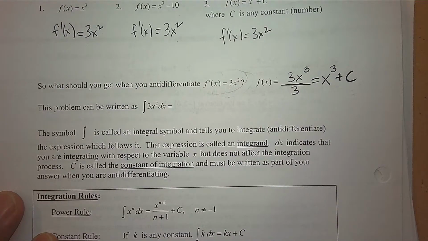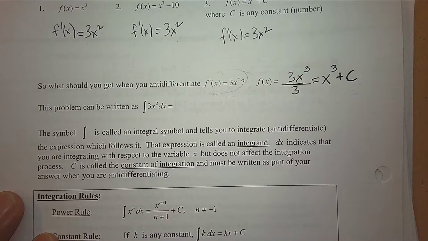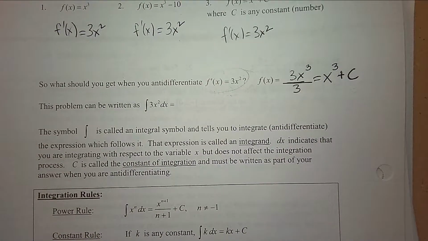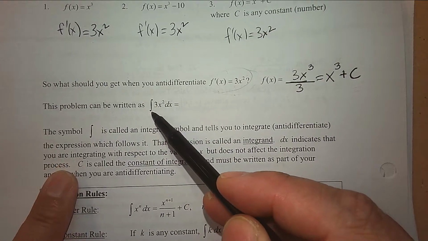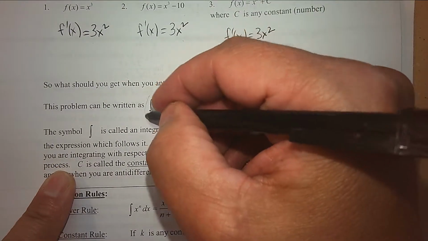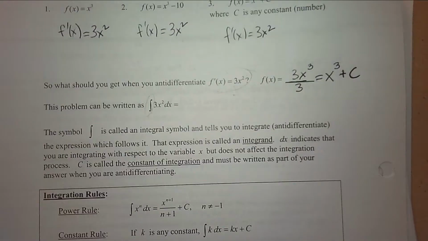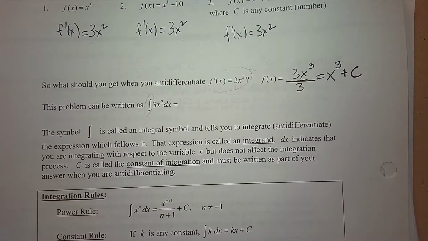So we have to add c at the end to show that any constant could be added or subtracted to it and you get the same derivative. Yes? Yes. Okay. So this problem can also be written. This is a symbol that you might have remembered in summer or not, but that's the symbol for integration, which can also be antiderivative.